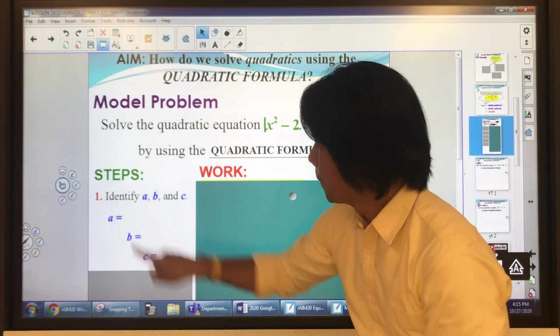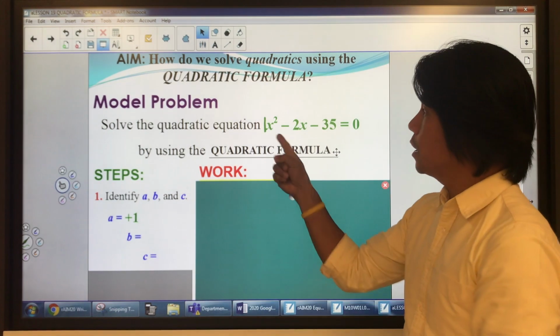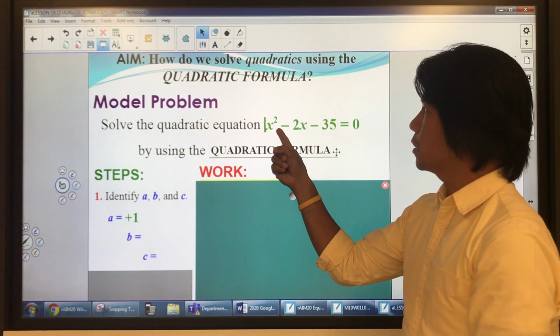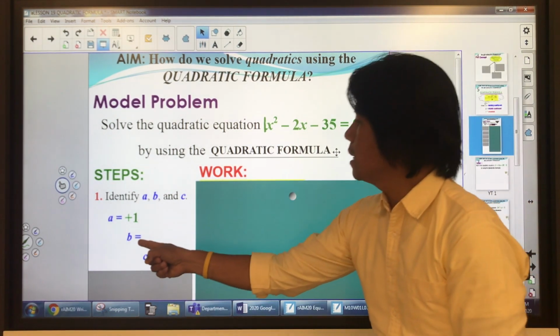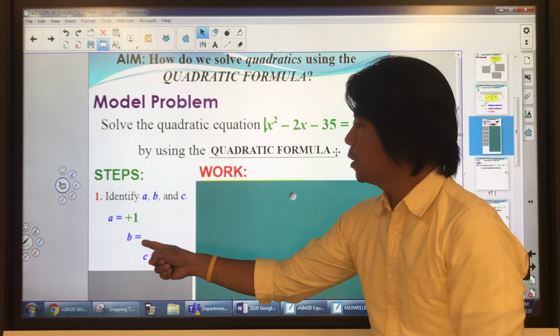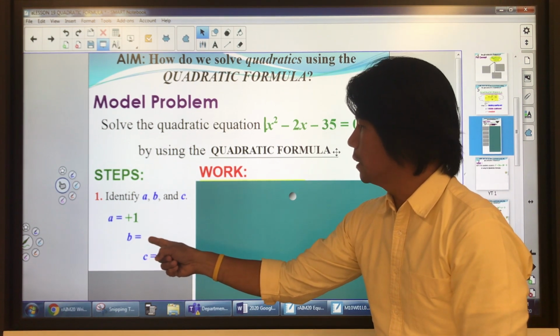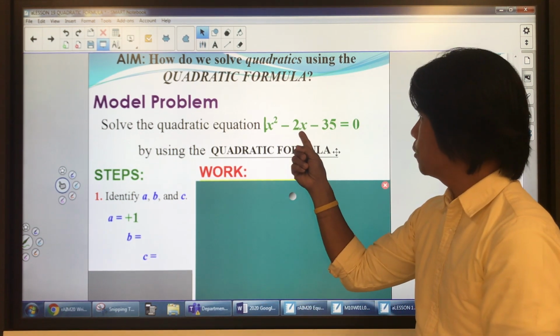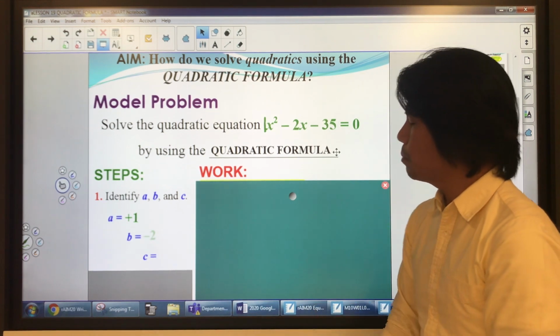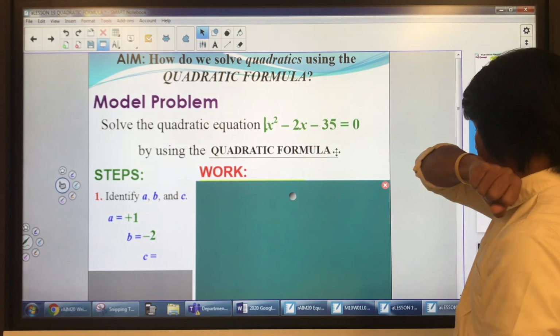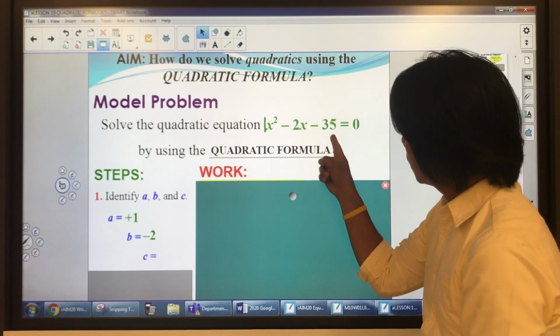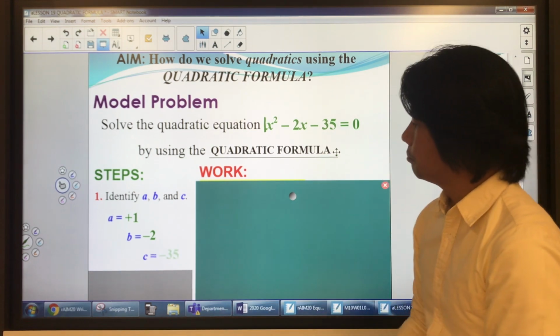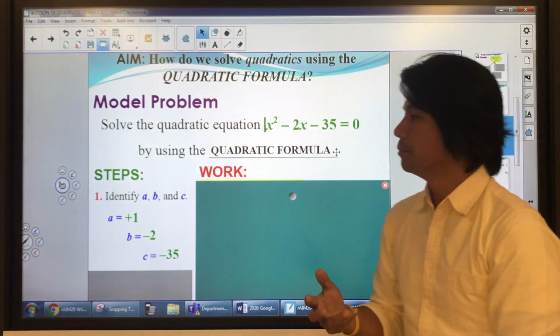So that's the leading coefficient. Now b, as we mentioned earlier, is the coefficient of the linear term, or the middle coefficient. That's negative 2. And c is the constant, which is negative 35.